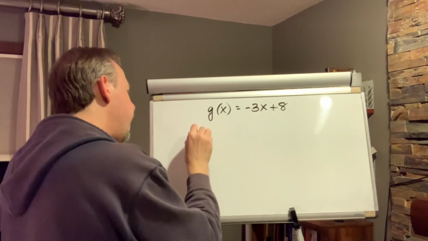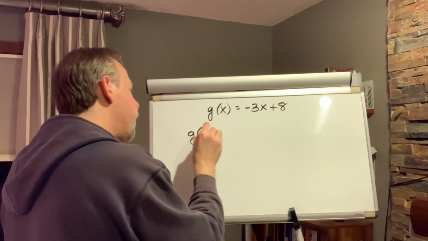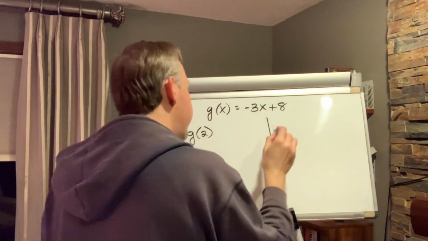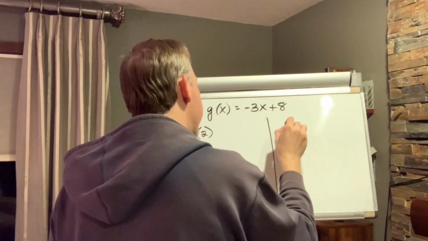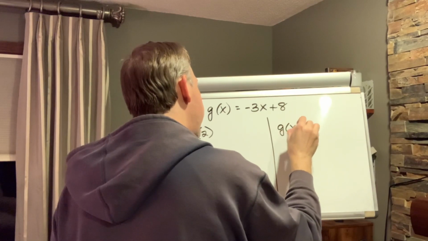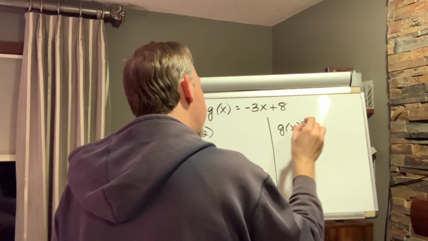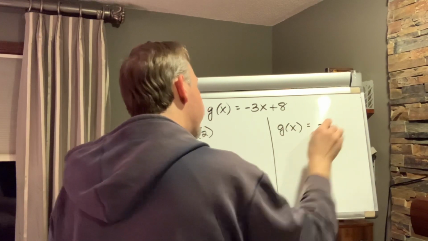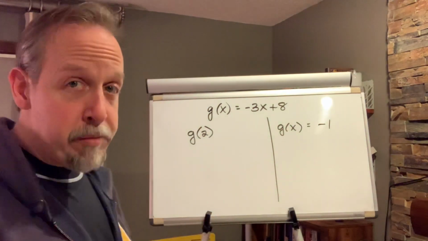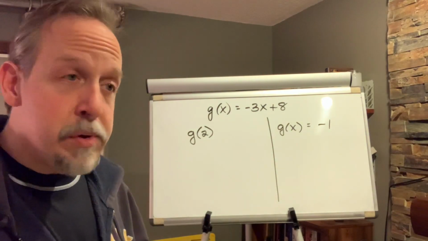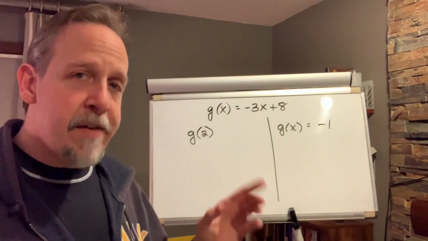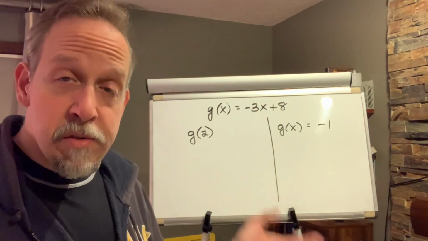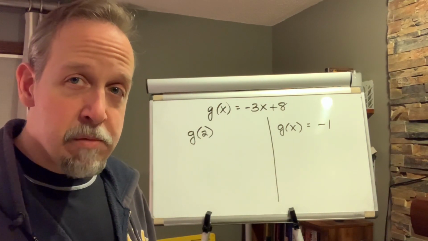So I want you to find g of 2, and I also want you to find g of x equals negative 1. So there's 2 problems here. Solve for g of 2, and then solve for g of x equals negative 1. So pause, solve, and replay the video. Do that now.